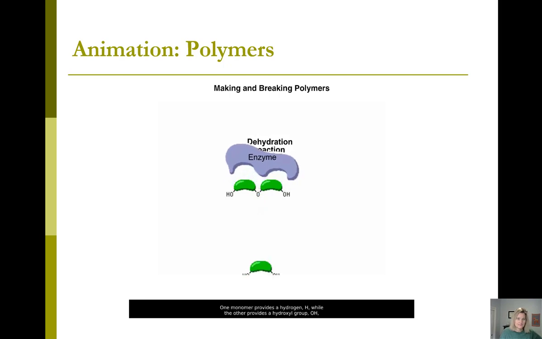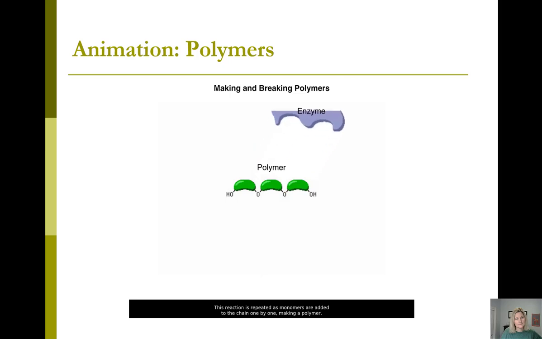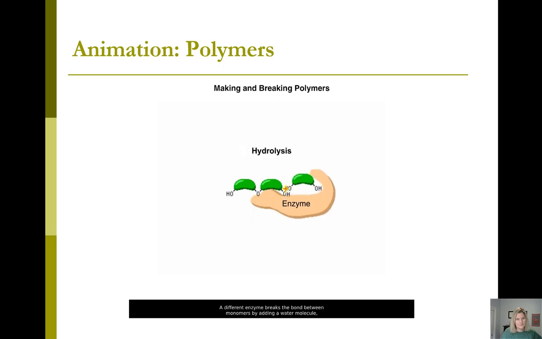One monomer provides a hydrogen, H, while the other provides a hydroxyl group, OH, and water is formed as a byproduct. This reaction is repeated as monomers are added to the chain one by one, making a polymer. Polymers are disassembled to monomers by hydrolysis. A different enzyme breaks the bond between monomers by adding a water molecule, with a hydrogen from water attaching to one monomer and the hydroxyl group, OH, attaching to the other.